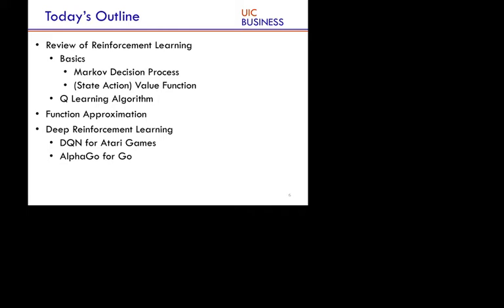To do that you need some tricks, and one of the tricks is function approximation. We'll see that instantiated in a couple of agents. One is called DQN, the other one is called AlphaGo. We'll see how they use Q-learning or some of the objects that we see, like the state action value function, to do well in their respective domains.